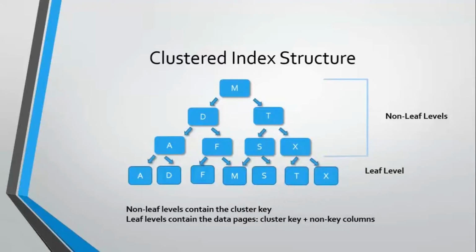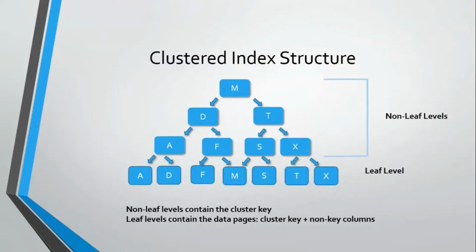The very bottom is called the leaf level, and everything above that is called the non-leaf level. It's kind of like an upside-down tree, and I've actually seen some presenters who reverse this and actually show the leaf levels on the top to make it more like a real physical tree that we might see.